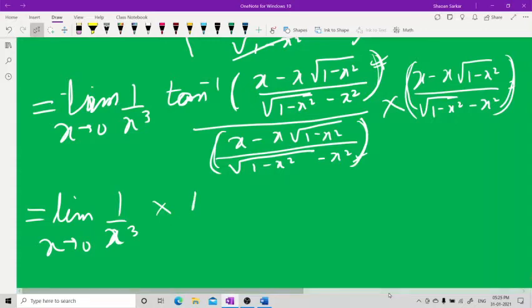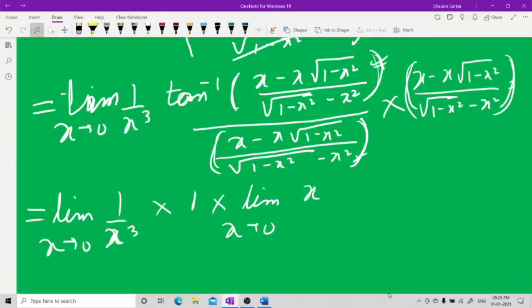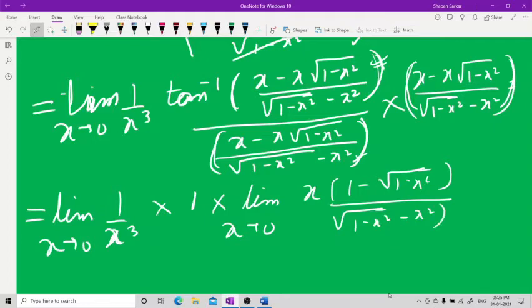In the limit, this will be 1 into limit x tending to 0, x. Now this is x, take common, 1 minus x square, and you have here under root 1 minus x square minus x square. So now this is there.